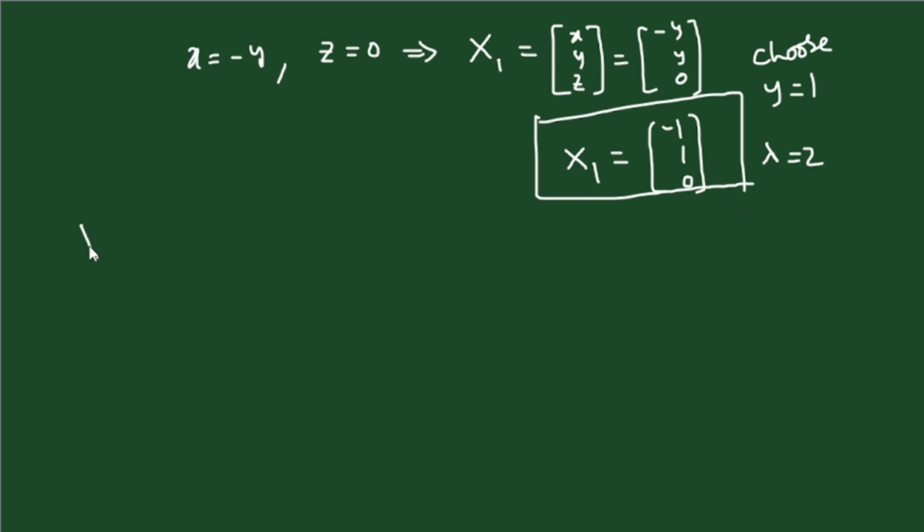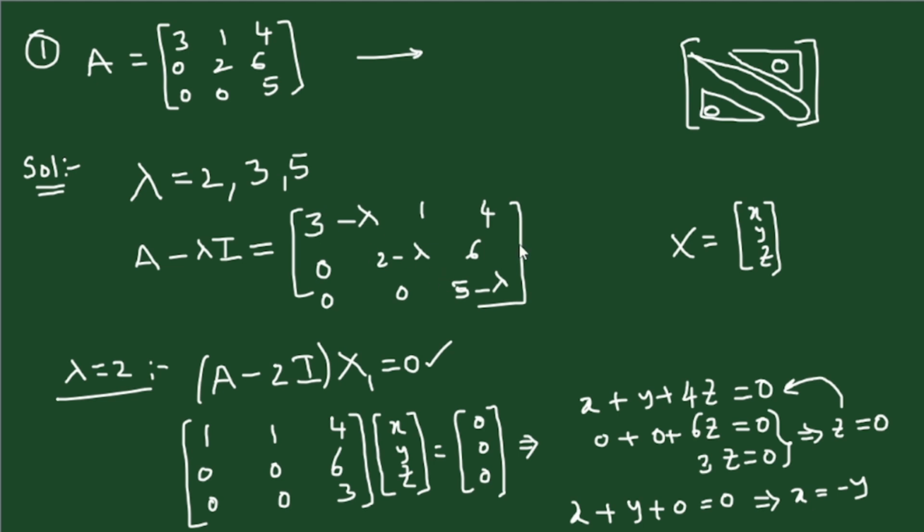Now coming to the eigenvector corresponding to lambda equal to 3. What you have to do is (A minus 3I) x2 equal to 0. Here, what is A minus 3I? Subtract 3 from the principal diagonal elements in this matrix.